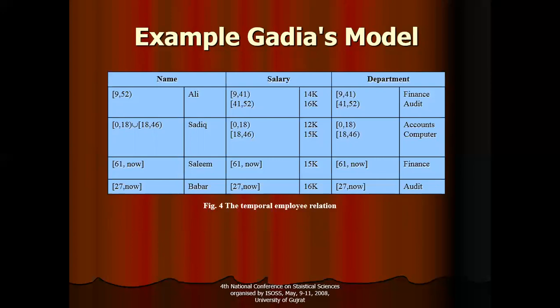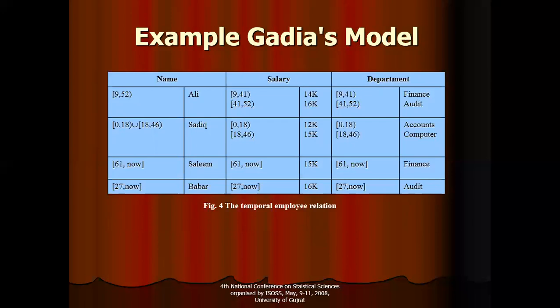So in Gadia's model, the important thing is that he introduced the concept of homogeneity, because you know that handling homogeneity is much easier as compared to the heterogeneous approach. And on the left hand side, you can see the operations which take the union. For example, the fact is true from 18 to 46.